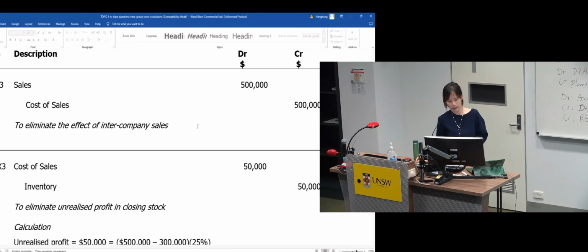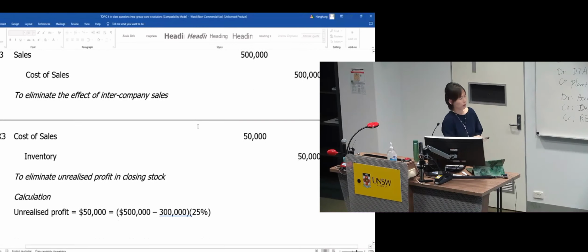I get 50,000 by using the 200,000 profit from the intragroup sale multiplied by the percentage of inventory still on hand, 25%. The balancing figure, we adjust to cost of sale, which is 450,000 on the credit side.